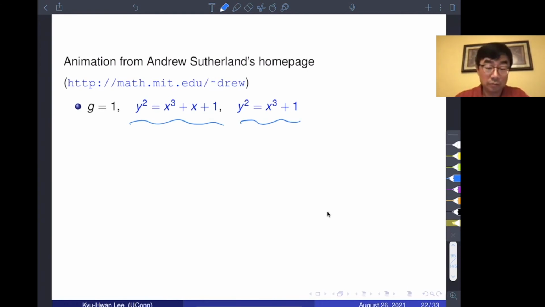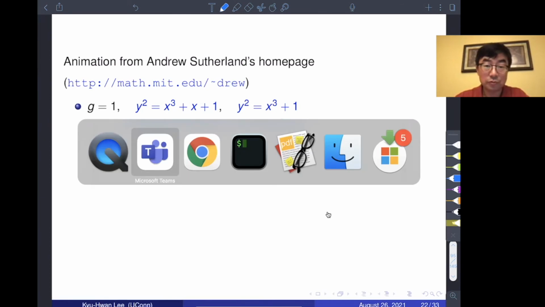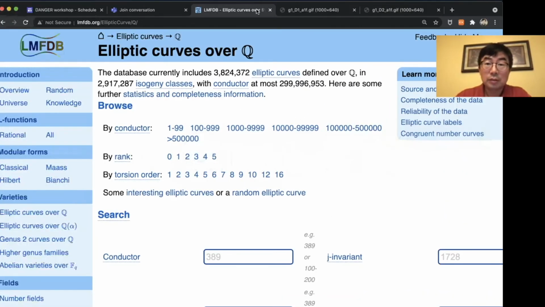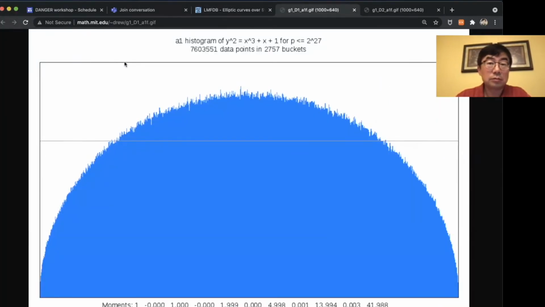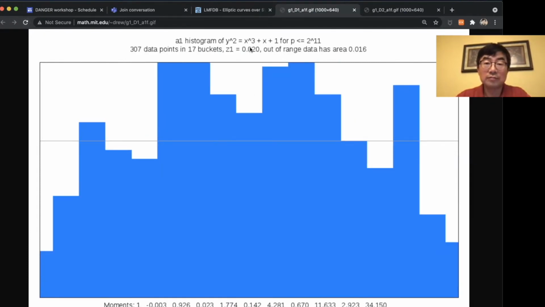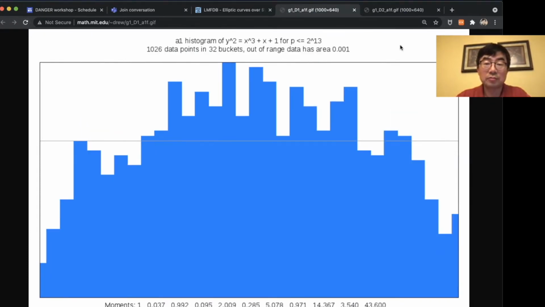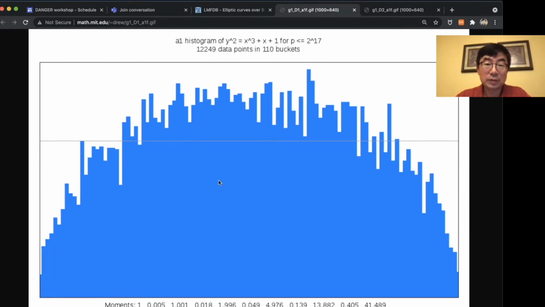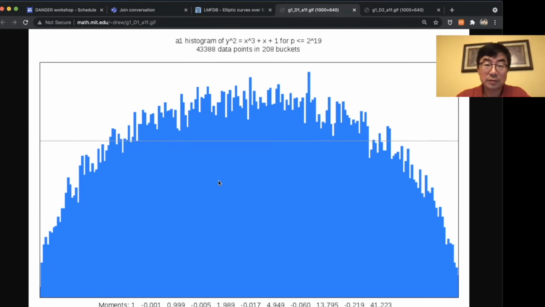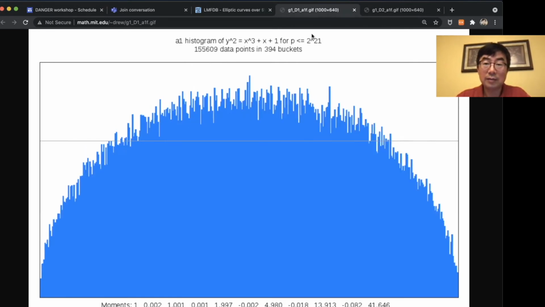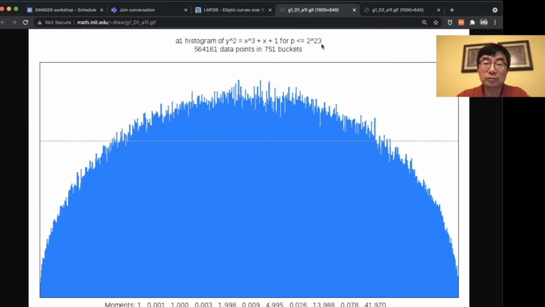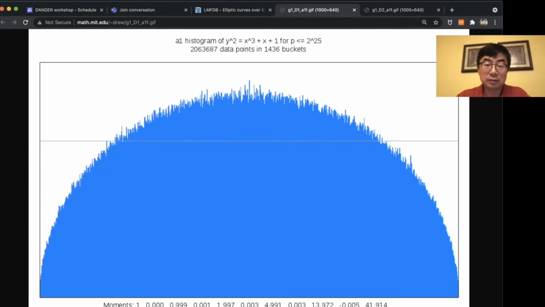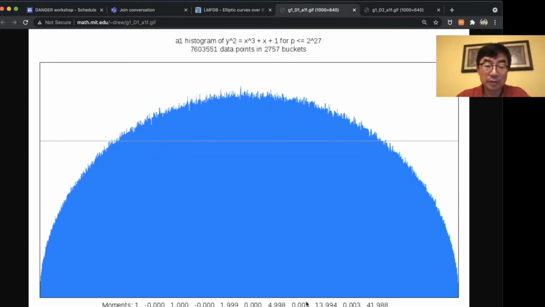I think we have time, so let me show you. This is the curve x cubed plus x plus 1, and the histogram is this. Here n is now 2 to the 22, and the moments appear here.